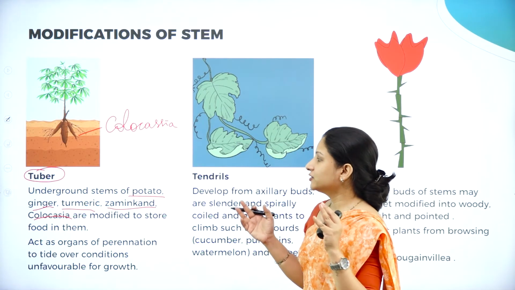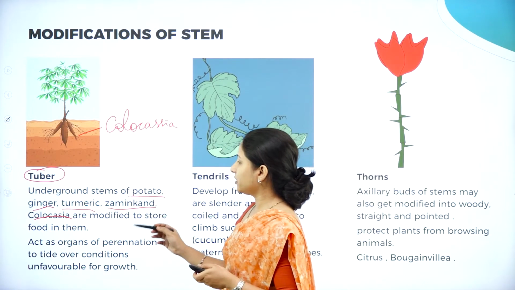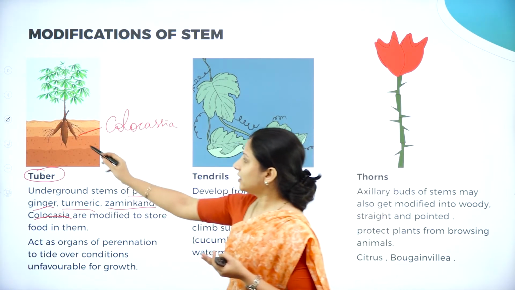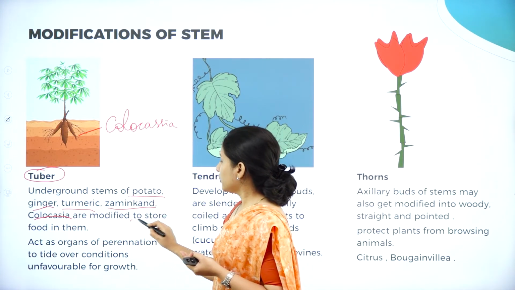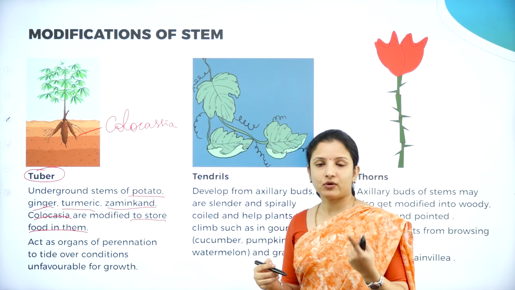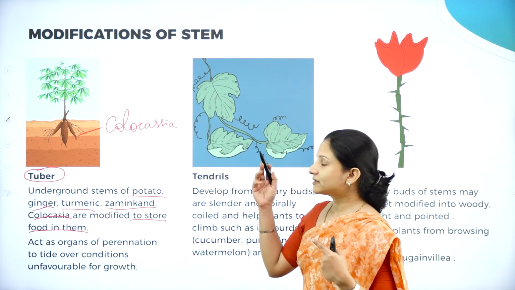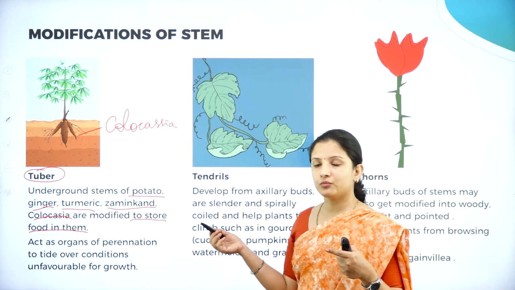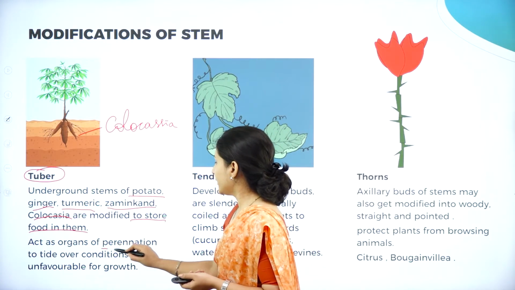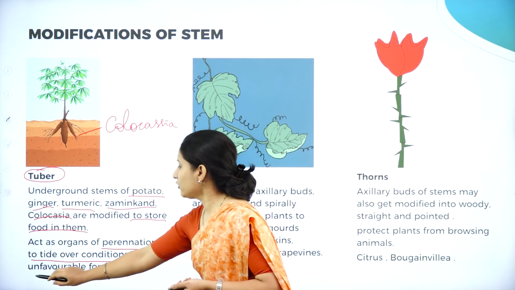So the underground stems of potato, ginger, turmeric, colocasia, zamindkand get modified into bulb-like structures in order to store food in them. Roots also get modified; the best example is carrot that I had given you. Here the stem gets modified to form a tuber. They also act as organs of perennation to tide over conditions unfavorable for growth.